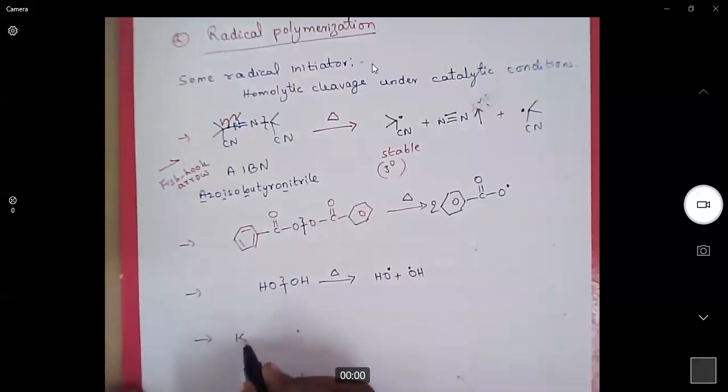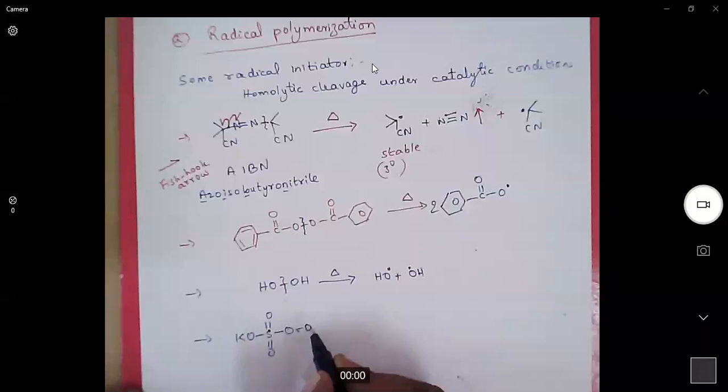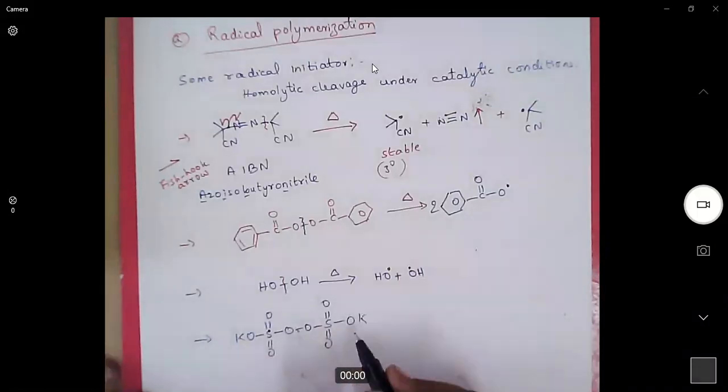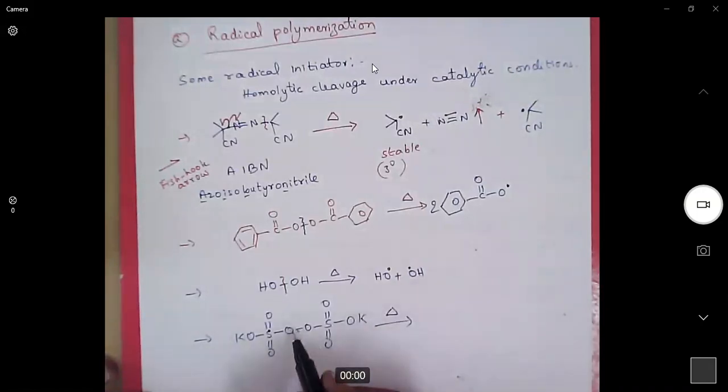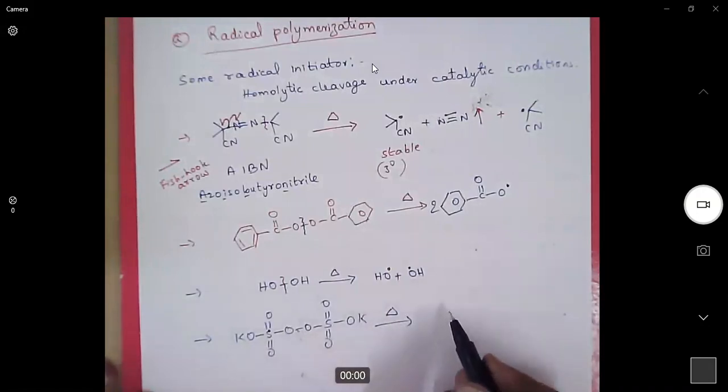I'll give one more example for a radical initiator. This is potassium persulfate. Here also we have a peroxide bond. When it is treated under thermal conditions, we will generate a radical.